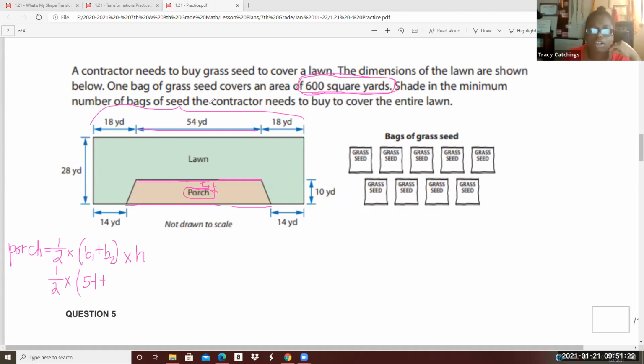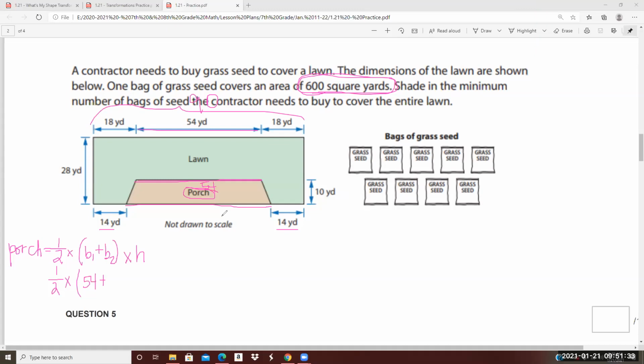So if all of it is 90 and we have a 14 here and a 14 here, how much is that bottom base of the porch? All together we have 90. We have 14 here, 14 here. So what is in the brown? The bottom base. 28 plus 62 is 90. 62. Great job, 62.